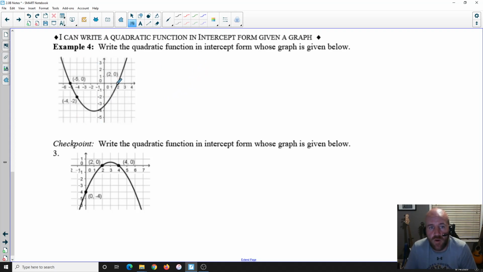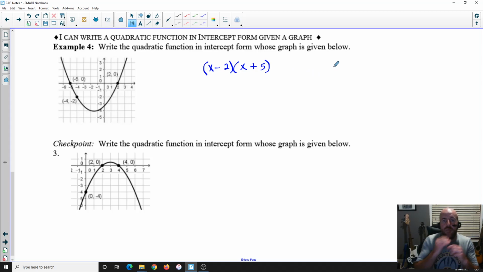So we know what the intercepts are. We can see them on the graph. We have a positive 2 and a negative 5. So the first thing we're going to want to do is we write x minus 2, and then we have a negative 5 has to go in here. So remember, x minus negative 5 is going to be x plus 5.